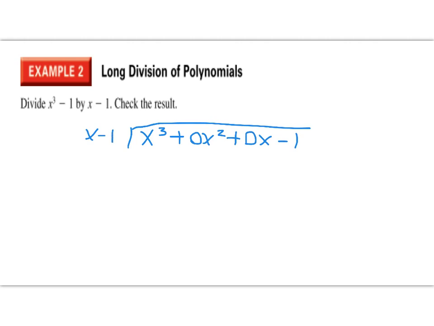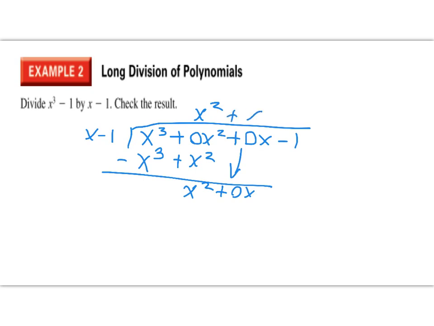I want to make x cubed, so I want to go x squared, so I get x cubed minus x squared. We're subtracting, so change everybody's sign. X squared plus 0x, drop this one, and then plus x, so I get x squared minus x. We're subtracting, change everybody's sign, so I get x minus 1, so plus 1.